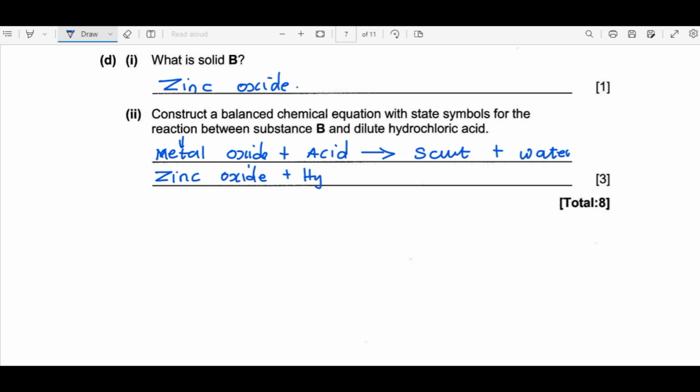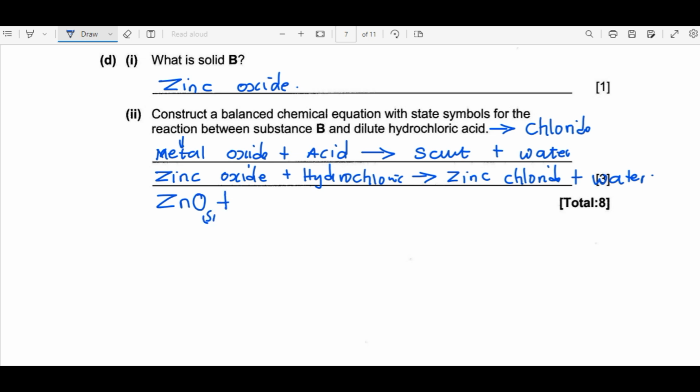plus hydrochloric acid. So how do you name the salt produced? First you begin by naming the metal. Then whenever you use hydrochloric acid, you get chloride. So this becomes zinc chloride, plus water. So zinc has a valence of 2 and oxygen has a valence of 2. So this one will be a 1-to-1. Then hydrochloric acid is HCl aqueous.